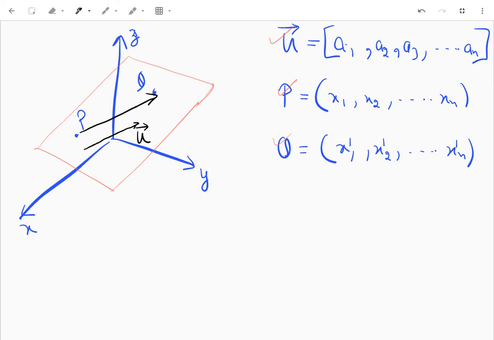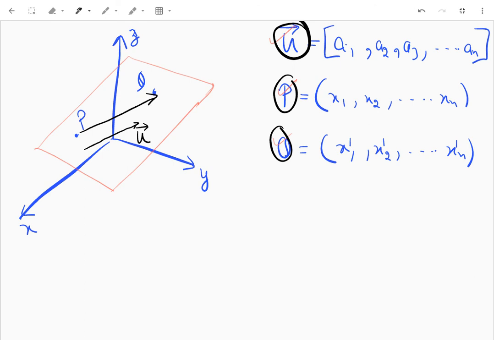So either we will have a vector that is perpendicular to the surface, or we will have 2 points, a vector joining the points, and another vector u given to us, which will be parallel to the line joining p and q, right? Now what happens in this case? So let's see what happens in this case.